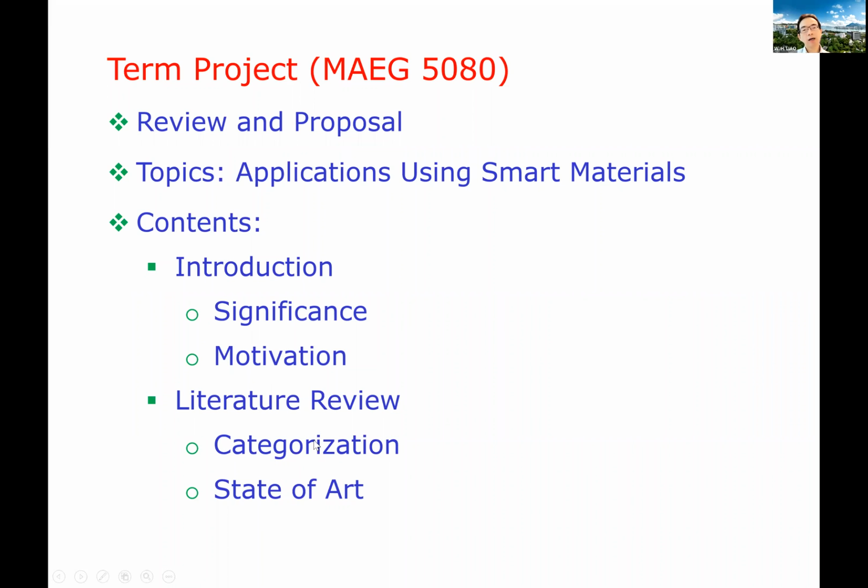I'm not saying you don't have to look at papers from 20 years ago, because some ideas could have been done a long time ago. So you have to provide a more comprehensive literature review, with the state of the art, and do some categorizing into different aspects, okay?